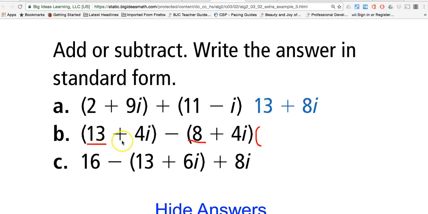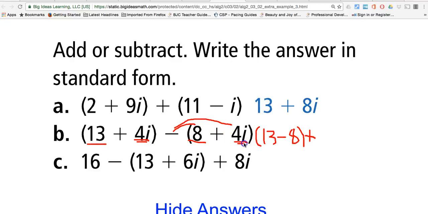Okay, so our real part of our first number is 13, and our real part of our second number is 8, but remember, this minus gets applied to both numbers here. So we've got 13 minus 8. Okay, that's our real part.